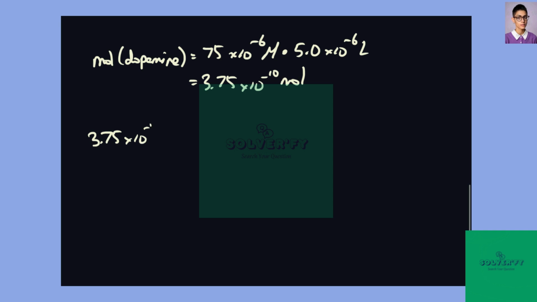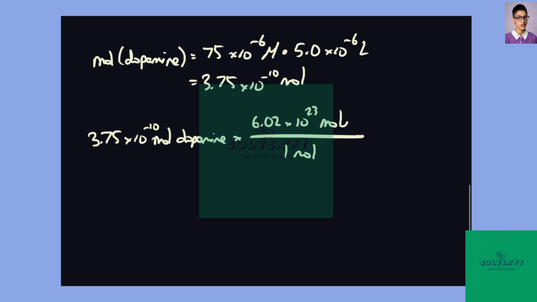And now molecules, 3.75 times 10 to the negative 10 moles of the dopamine, 1 mole, 6.02 times 10 to the 23rd molecules, and this would be equal to 2.3 times 10 to the 14th molecules of the dopamine.